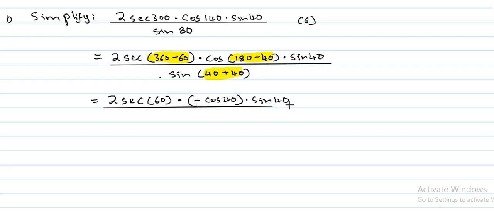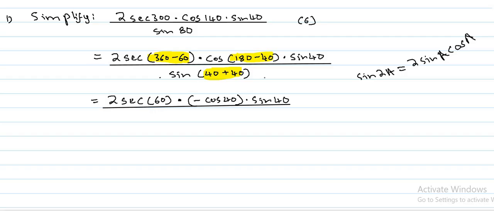All divide by, remember, the compound angle of sine, which is the double angle. So we said the sine of 2A was the same as 2 sine A cos A. So if it's 40, it will be the same as 2 sine 40 cos 40.